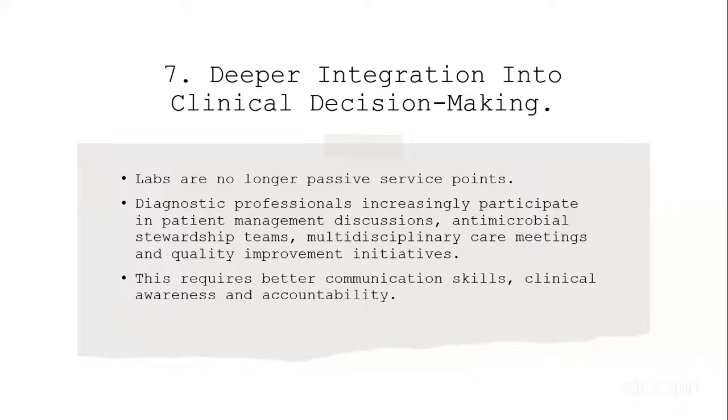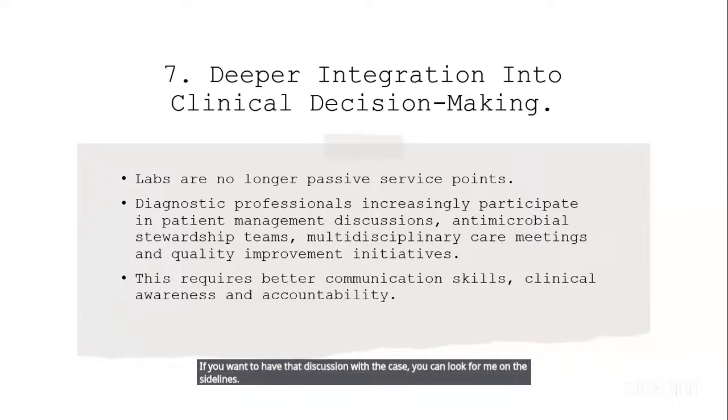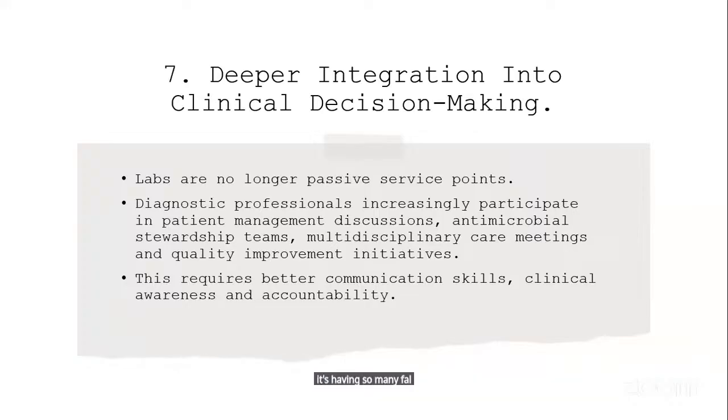TrinScreen, for example, I just want to give you an overview of this. Why are there so many false positives in TrinScreen? Because it's doing its job. If you want to have that discussion with the case, you can look for me on the sidelines. It's having so many false positives because it's actually doing the job the kit is supposed to do. It's a screening kit.